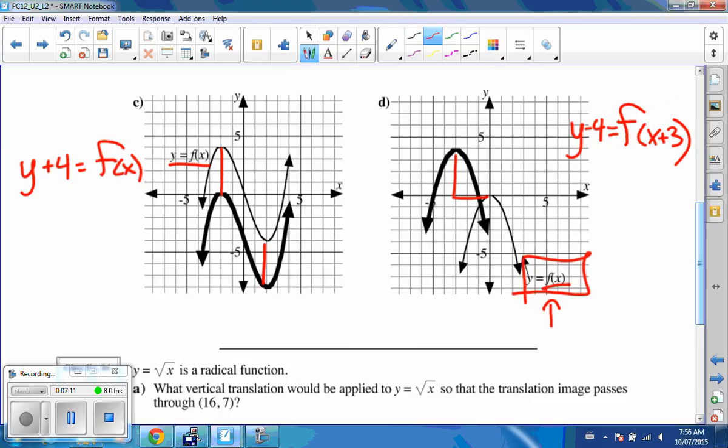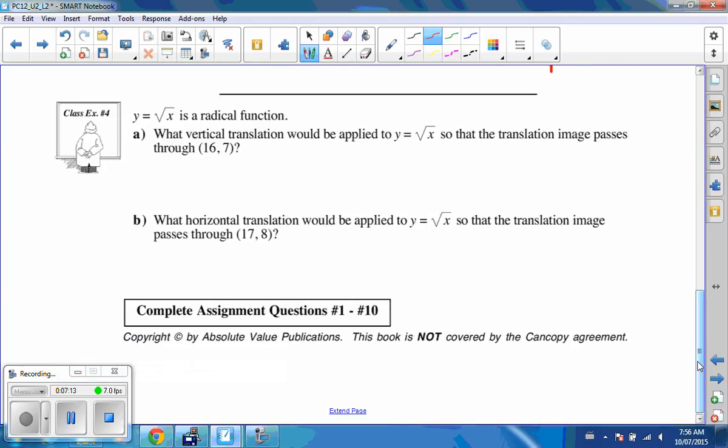Not bad. Okay, next one up. Vertical translation. Oh, I love these questions. So what we want to do is think about this thing in terms of where it's going to go. What sort of vertical translation would be applied to y equals root x so the translation image passes through 16, 7?